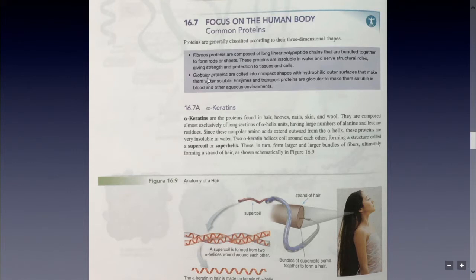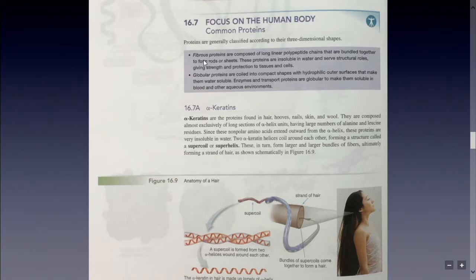The globular proteins, they're not so much for structure as they are for function. Well, again, structure and function always go hand in hand, but this is a good point to make. The fibrous proteins are all about structure, and that means that their function is structure, if that makes sense.